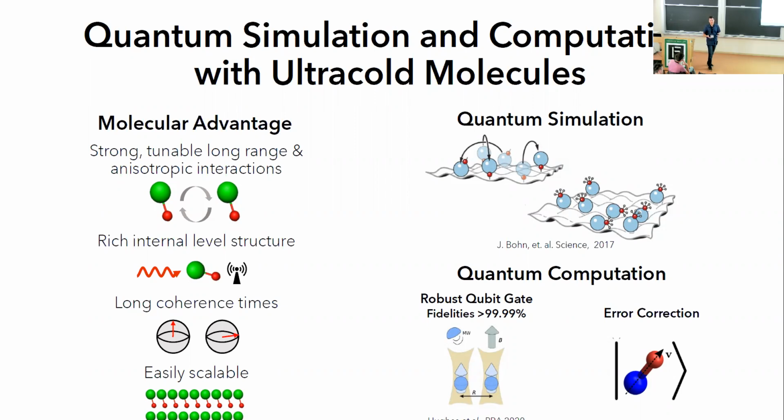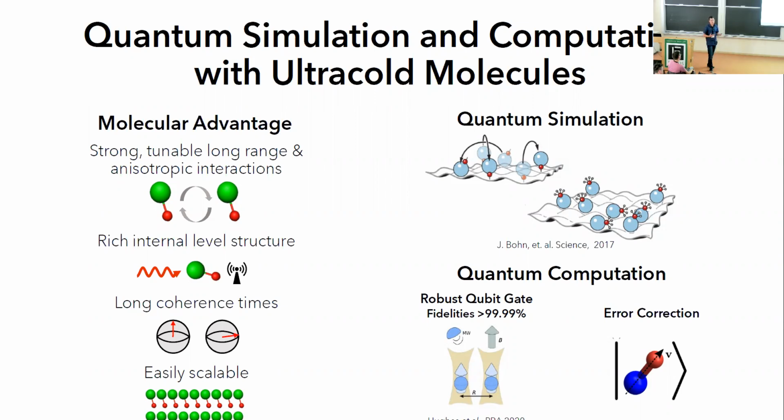Because of these nice advantages, there's been a lot of theoretical work over the years looking at various quantum simulation models that can be done with ultracold molecules. And also more recently, a lot of work looking at quantum computation using these ultracold molecules as qubits. Specifically here, I'd like to highlight some work from the QSUM collaboration, which looked at two calcium fluoride molecules in optical tweezers, which is the platform I'll be talking to you about today.